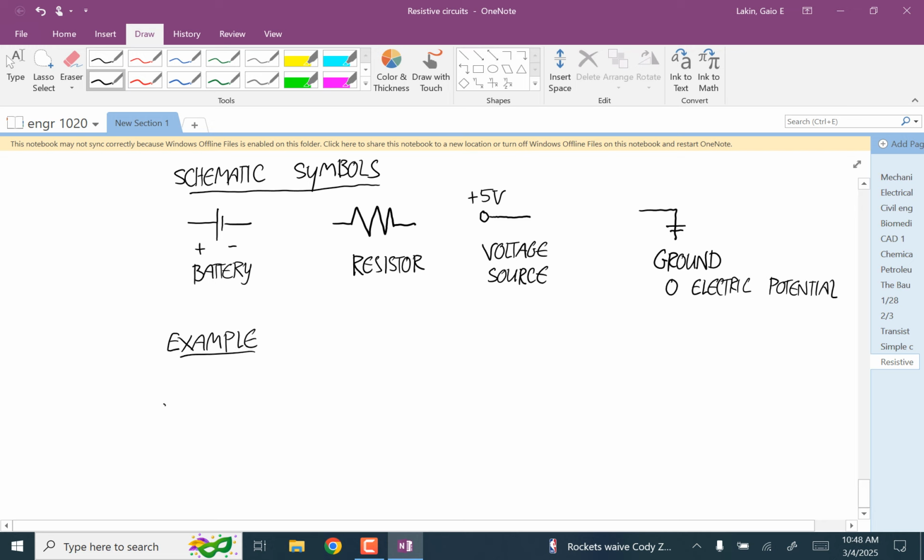So let's say we have a voltage source of 5 volts, and 2 resistors and a ground. And let's say that of the 2 resistors, we have one that's 220 ohms and a second one that's 90 ohms.